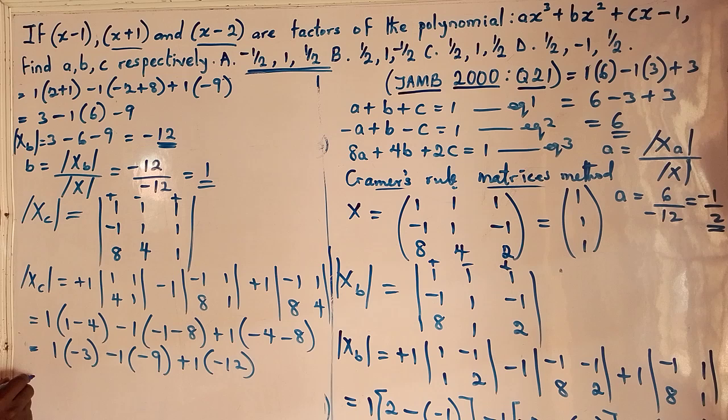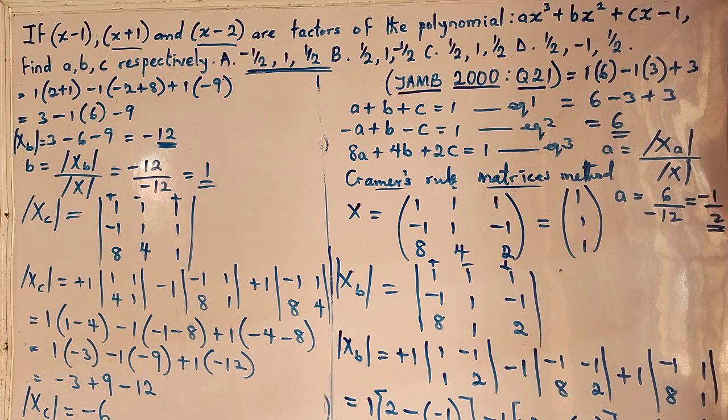And this gives us 1 minus 3 plus 9, and then minus 12. So the determinant of X subscript C will now be equal to minus 6.